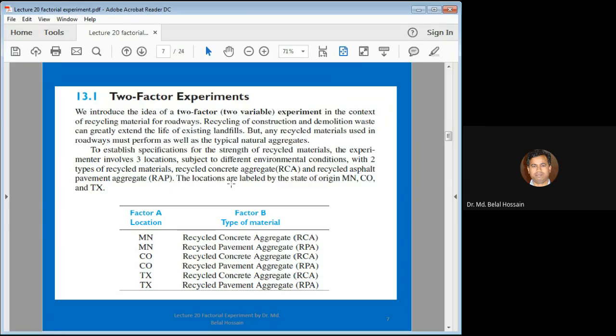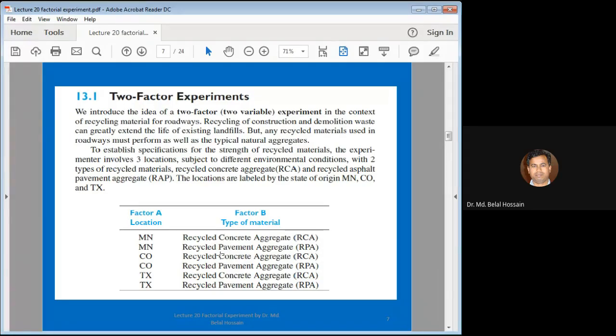Okay, the locations are labeled by the state of origin in the US: MN, Minnesota, Colorado, and Texas. So we have factor A location, 3 locations, and based on that factor 2, that is 2 different recycled materials, that is RCA and RAP.